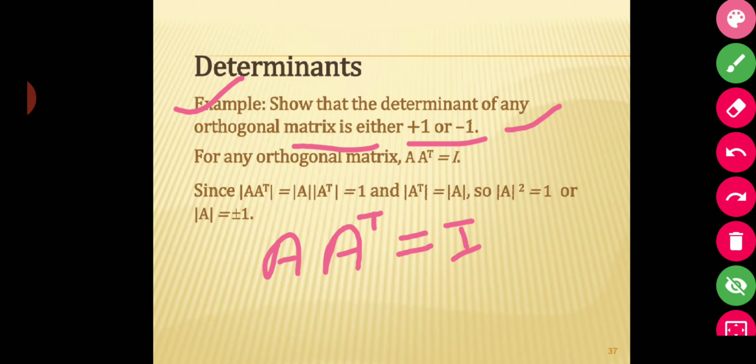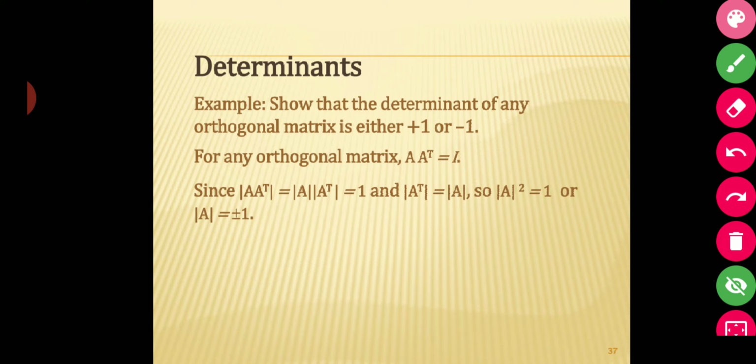Applying determinant on both sides, and using previous property number 3, you can write determinant of A and determinant of A transpose, and the determinant of I, the identity matrix, is always equal to 1.